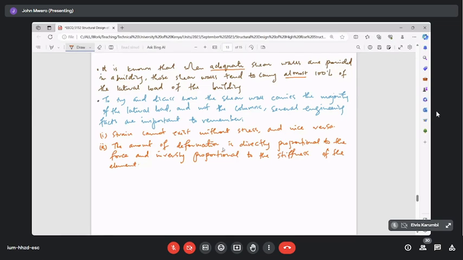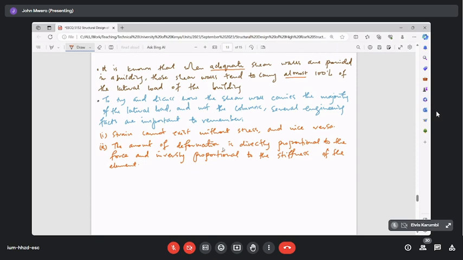So there are shear walls and columns, and they're tied together by the slabs. If they are to deform, they will deform together by the same amount. You will not find that the column will deform more than the shear wall. Consistent deformations, if you can remember: because they're tied together, they have to deform together. If the shear wall moves a millimeter, the columns at that level also have to move a millimeter.